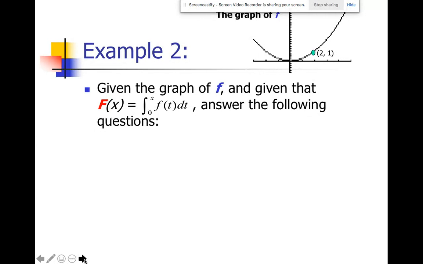I told you it was going to take a long time before we got to example 2, but now example 2 is going to go a lot faster. So notice that I have the graph of little f.